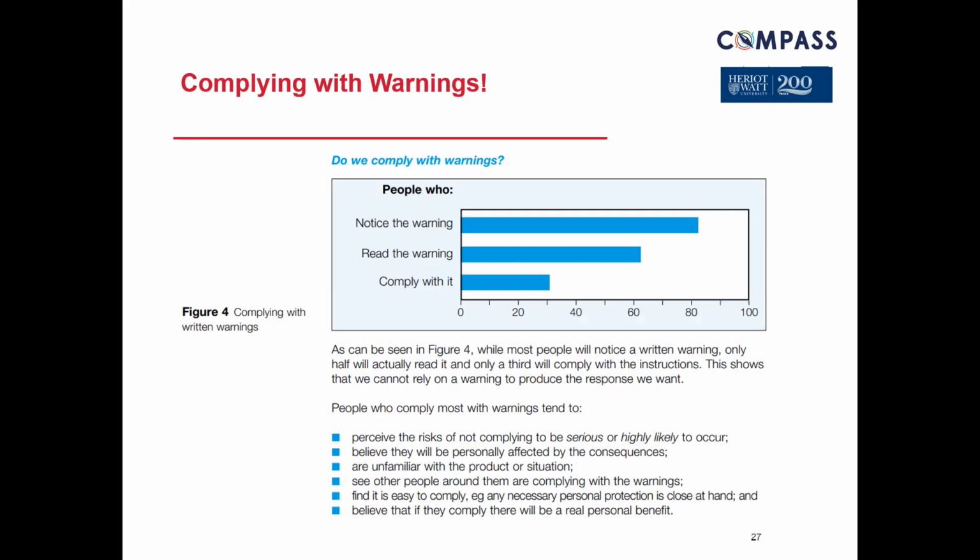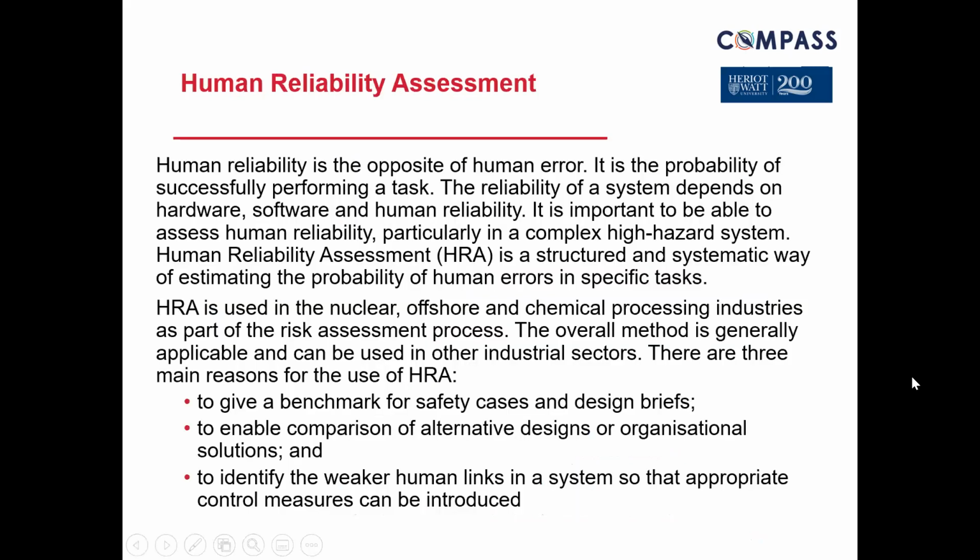So because it was a weak signal, it didn't quite give the same kind of impact, and so on and so forth. So when I look at this example here of a table showing they notice the warning, they read the warning, they comply with it, and the levels of response, quite alarmingly, is not as 100% as we would like it. Unfortunately, it's typical of human nature and the way they react in this case.